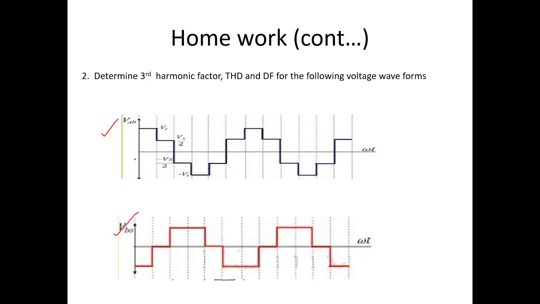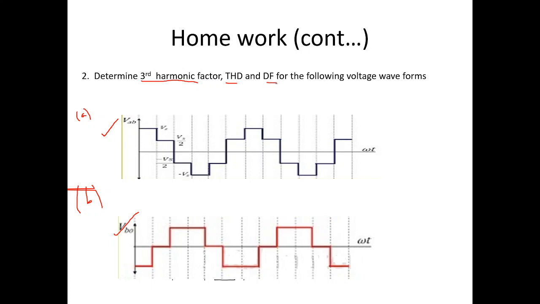For these two waveforms, let me say this is 2A and this is 2B. For them also, try to find out these three: third harmonic factor for case A and B, total harmonic distortion for case A and B, and distortion factor for case A and B.